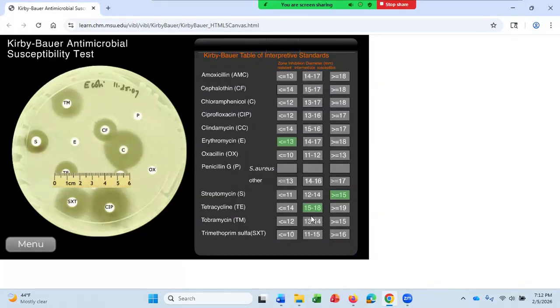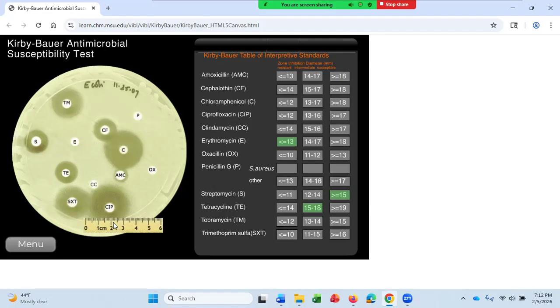I got it right, so that's correct. So tetracycline is intermediate. Erythromycin is resistant. Streptomycin is actually sensitive, so that there, which is kind of small, is sensitive. And then tetracycline is intermediate.